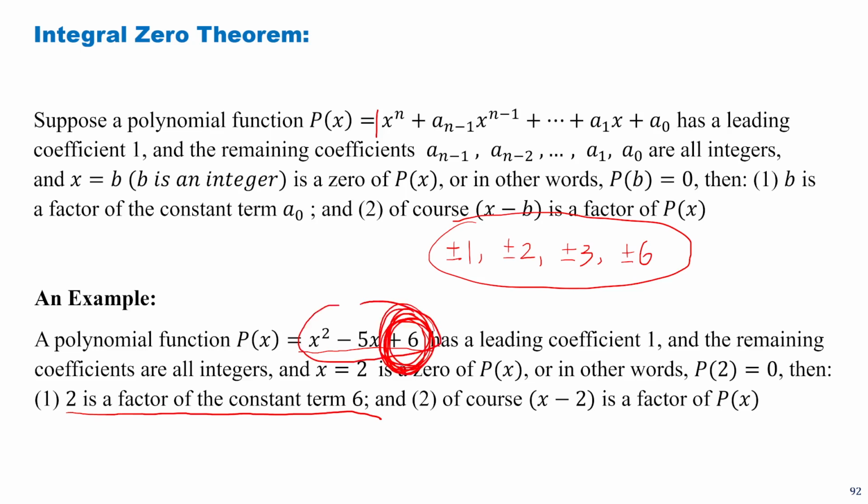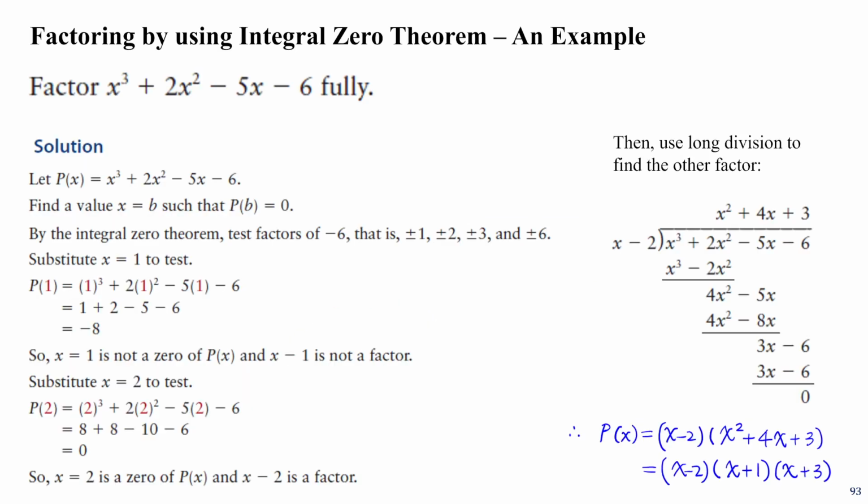Okay, so let's see a concrete example here. Factor this expression fully. So suppose we cannot easily see which number will make this expression be 0. Then note that you have a leading coefficient 1, right? And all other coefficients are integers. And then, according to the integral zero theorem, suppose you want to find a number such that the expression equals 0.